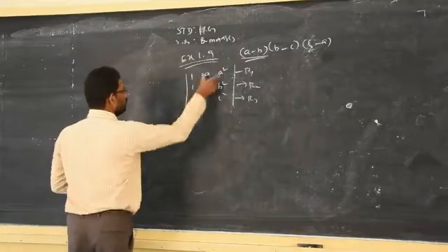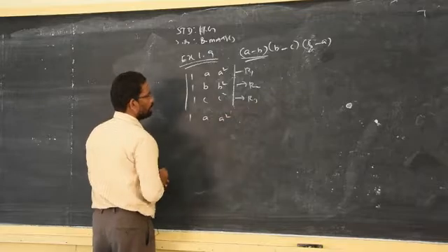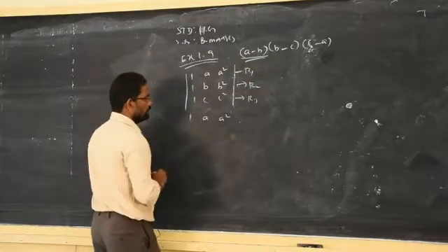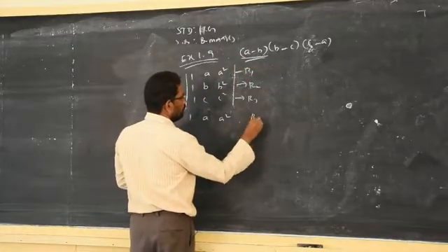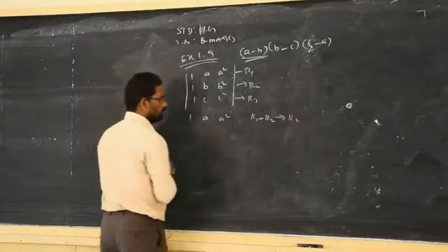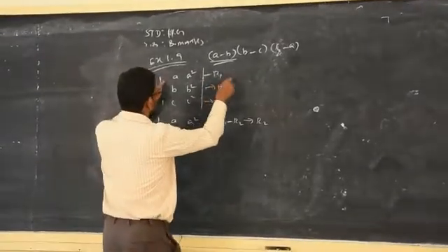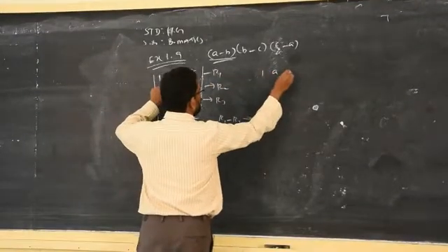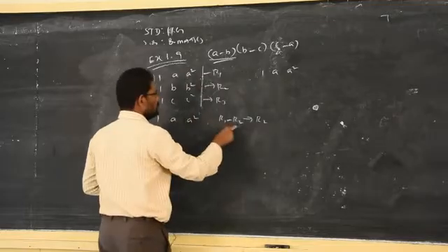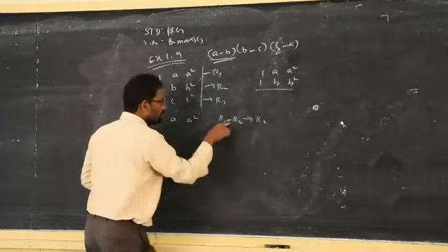I am keeping the first row as it is, 1, a, a square. Now I need a minus b, therefore I am subtracting R1 minus R2, which will be replaced in the place of R2. What is R1? 1, a, a square. What is R2? 1, b, b square.